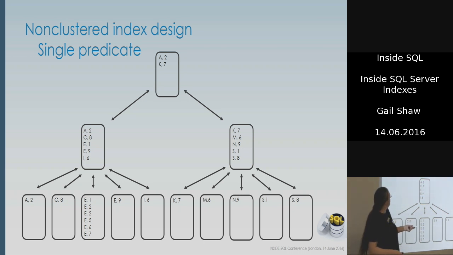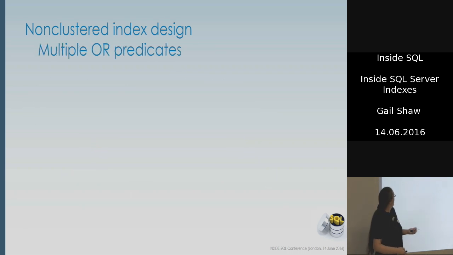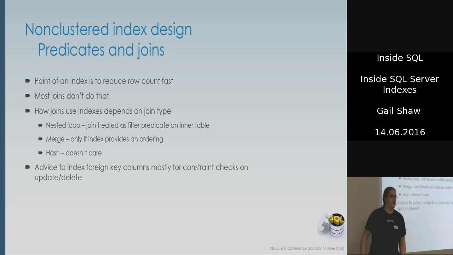For a nested loop, if I was filtering on column 2 and joining on column 1, the join to the inner table would be a filter on the where clause predicate and the join predicate, and it wouldn't matter which order my columns are in. For a merge join, it matters very, very much. And a hash join couldn't care less.